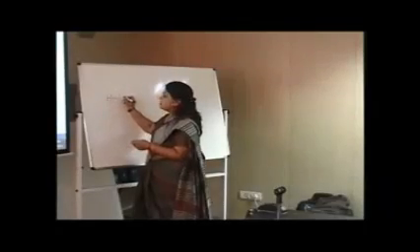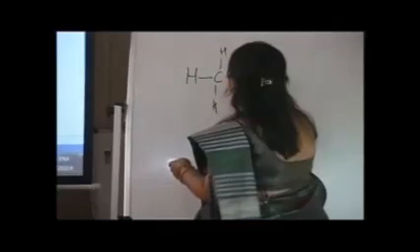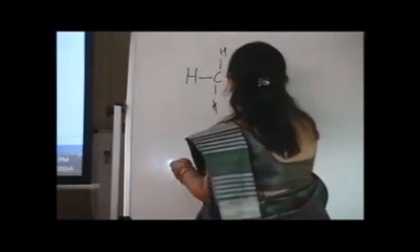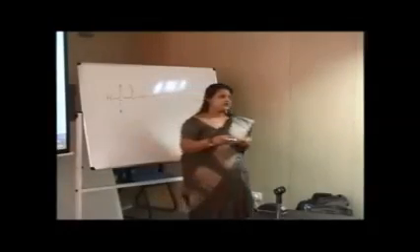Between carbon and oxygen, because oxygen always prefers to form a double bond. Moreover, this oxygen is a neutral atom. Had it been a minus charge, then single would have been okay, but a neutral atom will always form a double bond. Hence the correct structure is H, single bond C, H, H, C, double bond O, O, H. Okay, this is the correct structure.